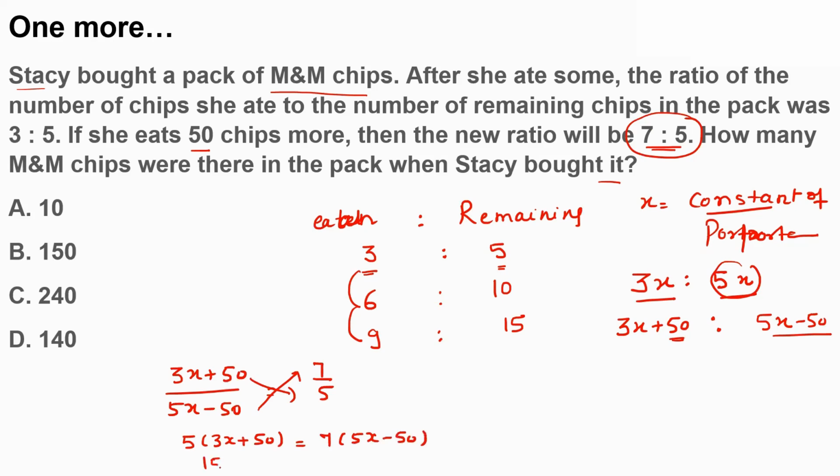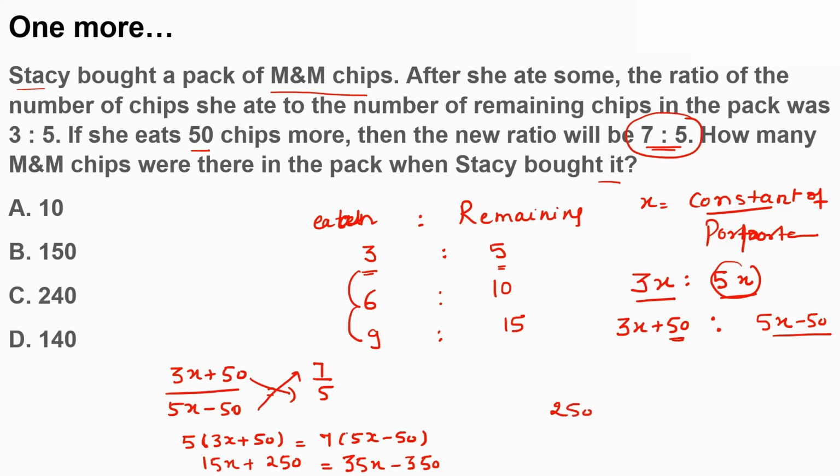So 5 3s are 15x plus 5 50s are 250, because whatever number I have outside the bracket should be multiplied with all the numbers in the bracket. So 7 5s are 35x minus 350. Keep the x on one side and the rest of the things on another side. So 35x, if I put it here, 250 was already there.